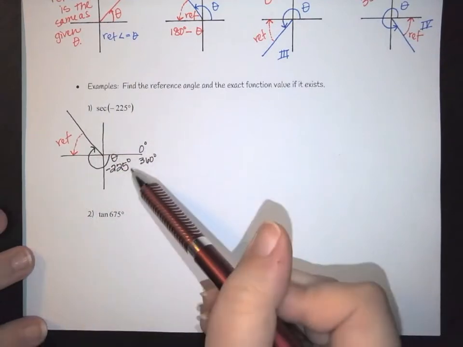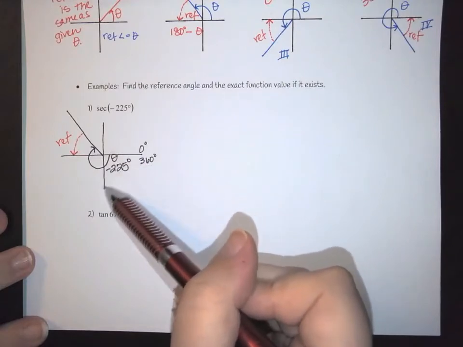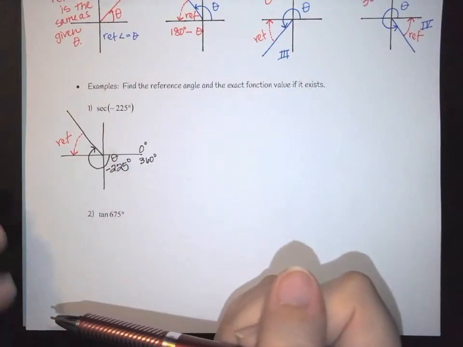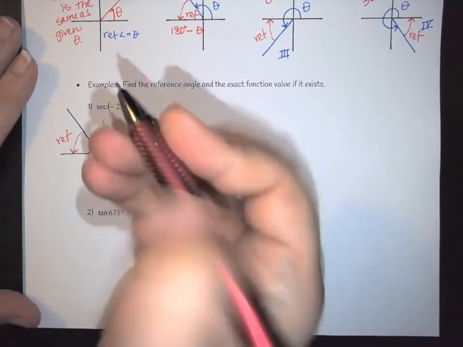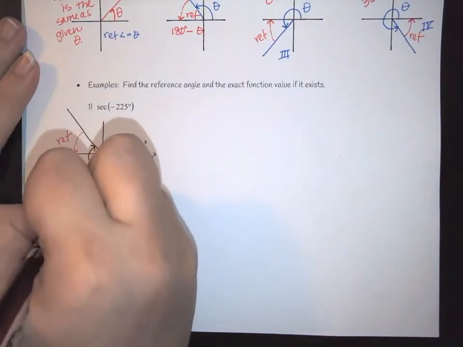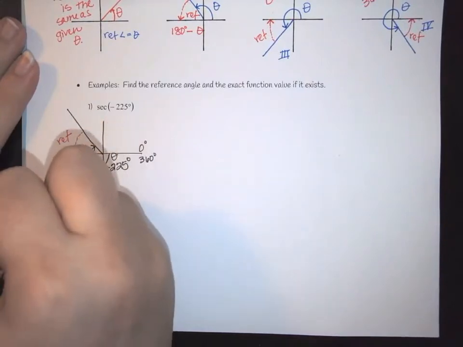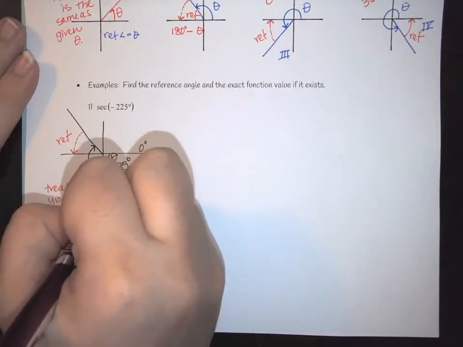However, we need to keep in mind that this was originally a negative value, so we swung the negative way. Which means to calculate this reference angle, you are going to treat it like you're in quadrant 3.